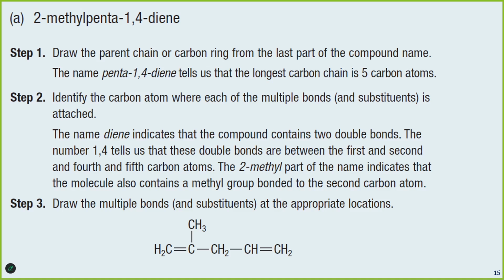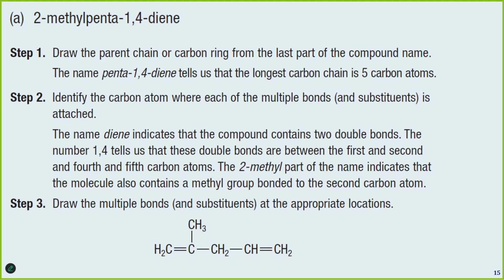Remember, step 1 is to draw the parent chain or carbon ring from the last part of the compound name. So the name here, penta-1,4-diene, tells us that the longest carbon chain is 5 carbon atoms, right? Then identify the carbon atom where each of the multiple bonds is attached. The name diene indicates that the compound contains 2 double bonds.